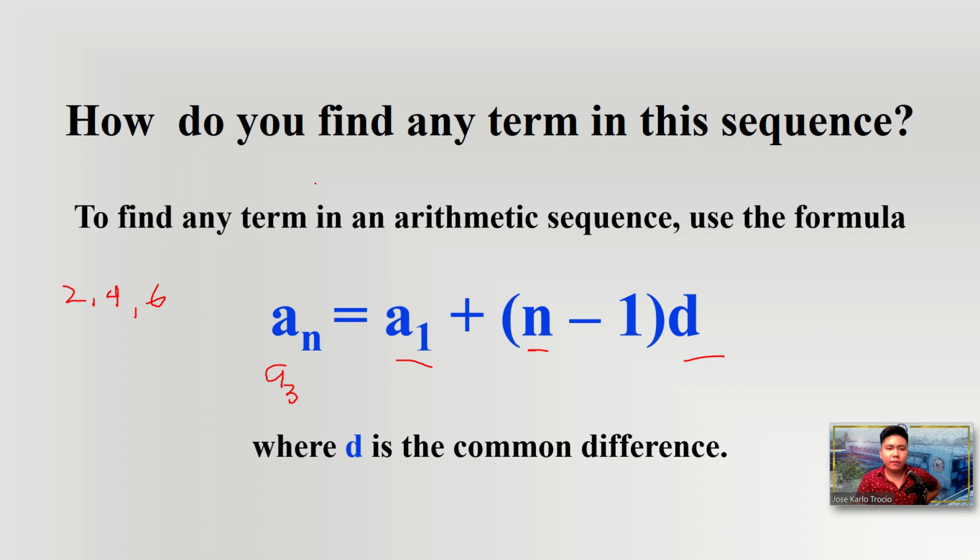So 6 is at the third term: first, second, third. n is 3, and a sub 1 is 2. The common difference is 2. And you just have to copy that. The answer for that is 6. Therefore a sub 3 is 6. Later on we'll have the examples.